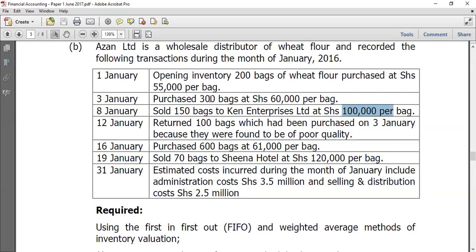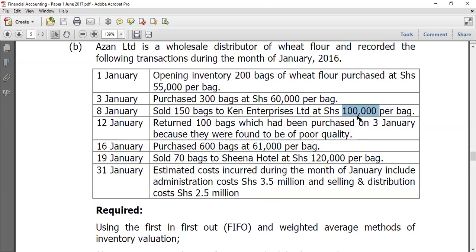So the principle is to determine the actual cost of these bags that you sold on this date. If it is FIFO, it is direct. We value these bags at 55 as our cost. This is a selling price. In the other example that we are looking at, we definitely don't have that selling price aspect.